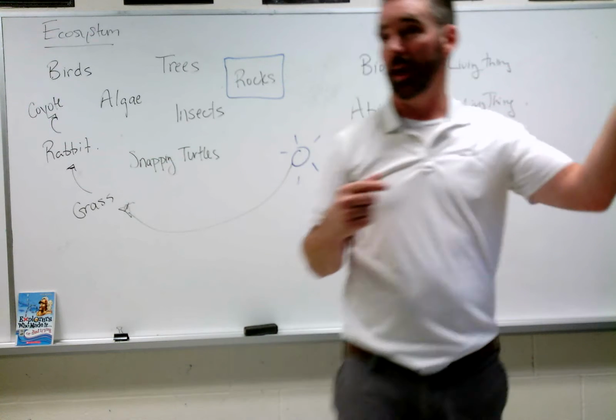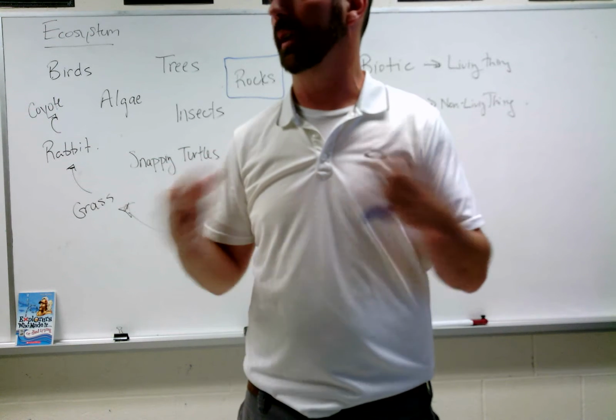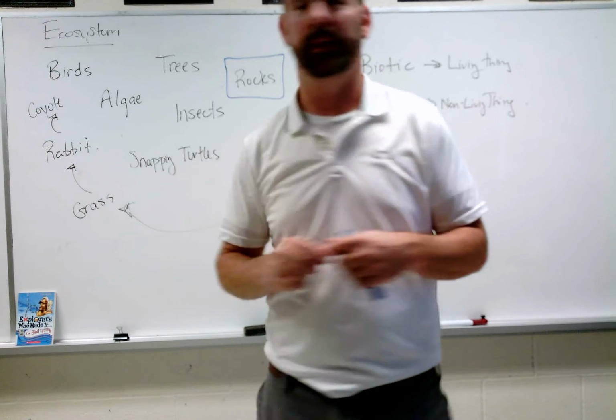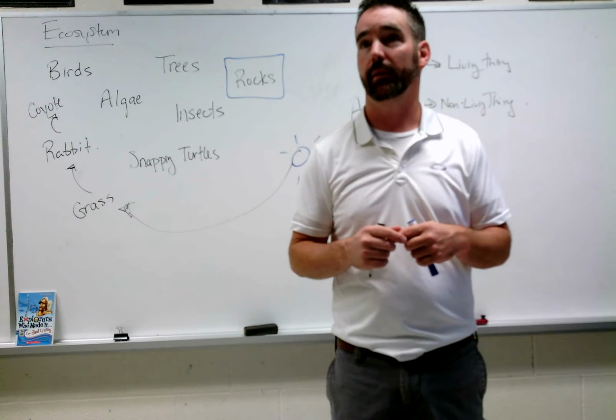So energy starting from the sun gets passed along into the grass and then into the rabbit and into the coyote, and when the coyote dies, it comes back through the system.